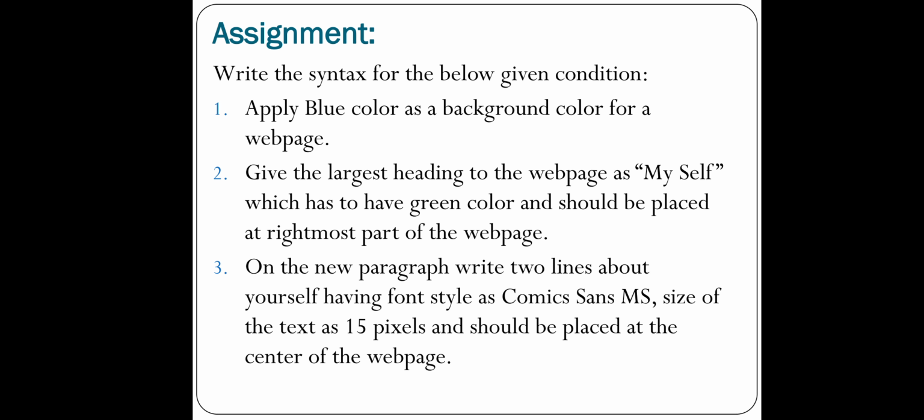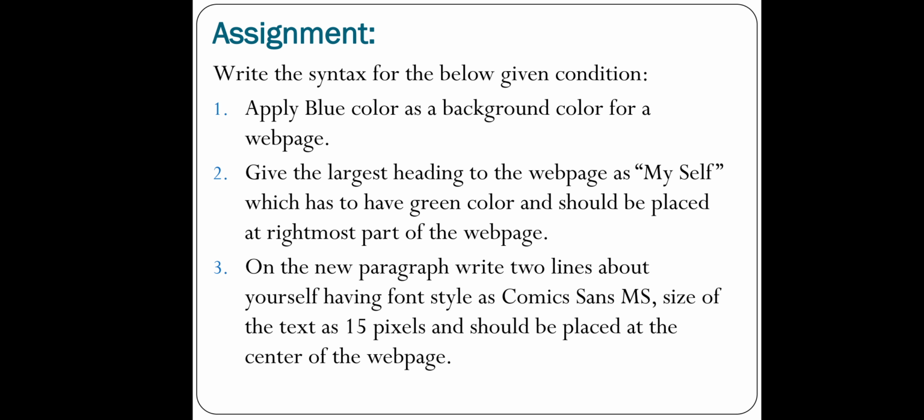Means the alignment property is used here, text alignment. You already know how a text can be aligned: left, center, right, and justify. So what is expected here? That the text enclosed in H1 should have a green color and should be placed in the rightmost part of the web page, right? So here the second element is H1 and two properties are used. We'll see in the code.